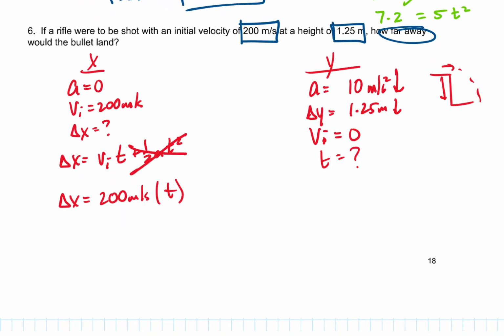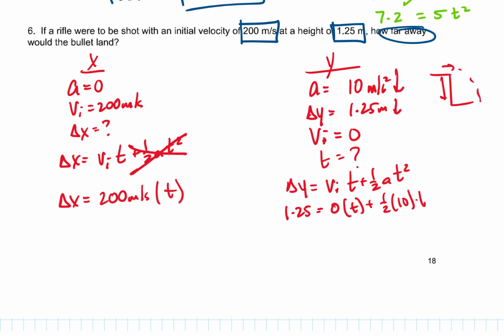So the equation that has all of that in there is delta y is equal to v initial times time plus 1/2 acceleration times time squared. So 1.25 is equal to v initial 0 times time plus 1/2 times 10 times time squared. This term goes away because we're multiplying by 0. I get 1.25 is equal to 5t squared.